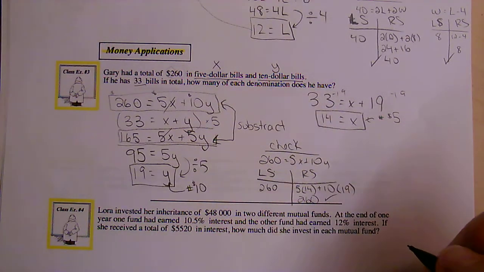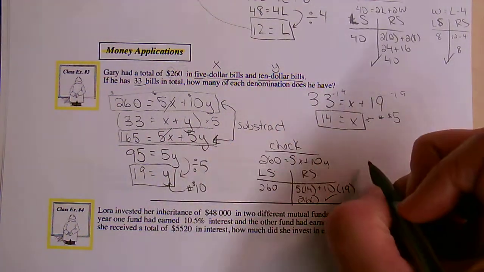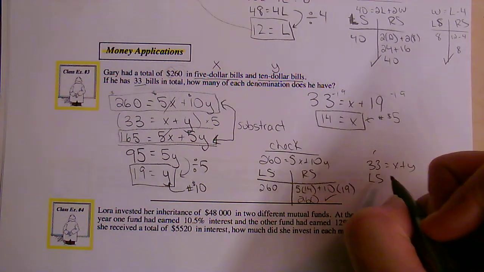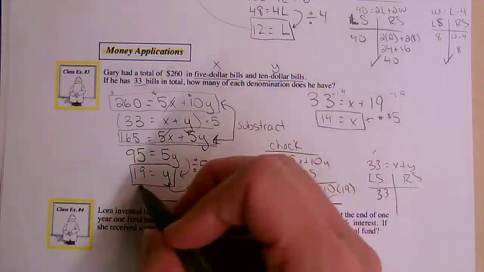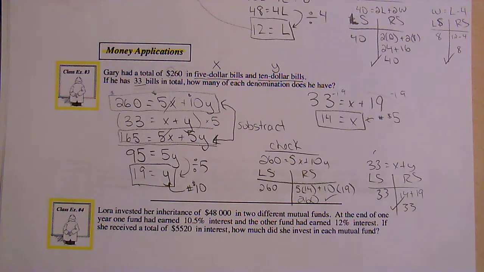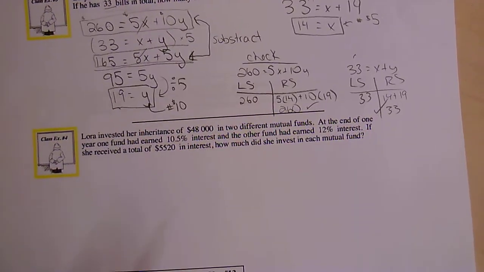So that's good. Okay, and then you would do for your other, where is it? There it is, 33. 33 is equal to x plus y. Left side, right side, 33. X plus y, 14 plus 19, is also 33. There's our check. Okay. So we just used elimination there for the system of equations to solve that problem.